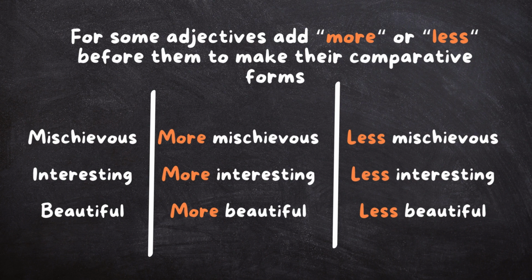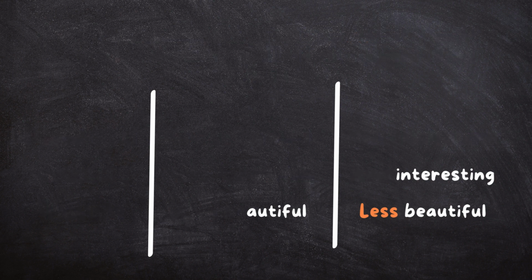Or mischievous, you can add less before it and you get less mischievous. Interesting, you add less before it, you get less interesting. Beautiful, you add less before it, you get less beautiful. Be mindful that we use the comparative forms when we are describing two nouns, two different nouns.